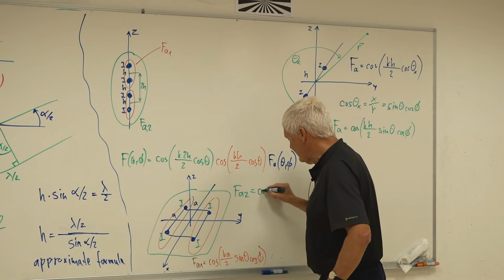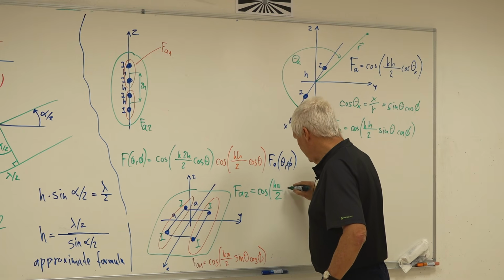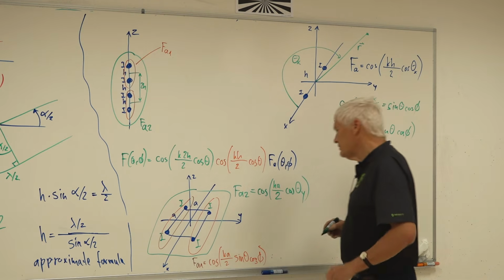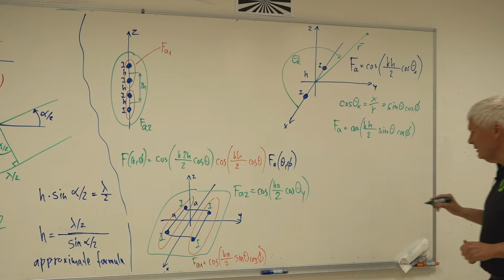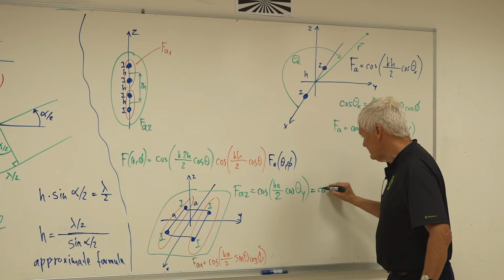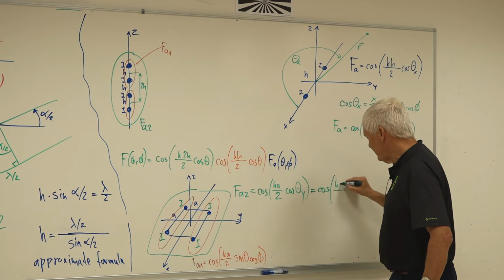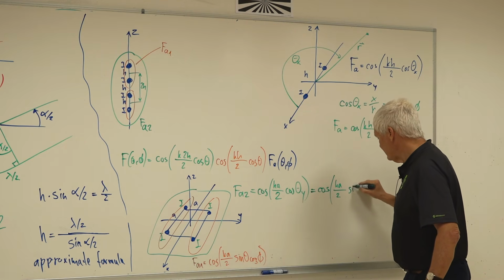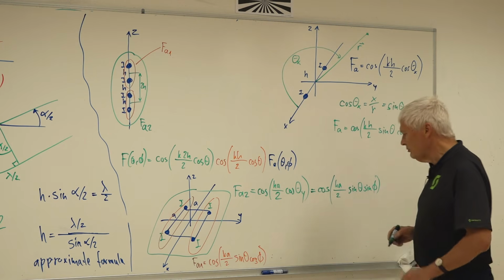So this is cosine of ka half cosine theta y, spherical coordinate system with the pole in the y-axis, or if we convert this now to conventional spherical coordinates with the pole in the axis z, we have ka half times sine theta sine phi.